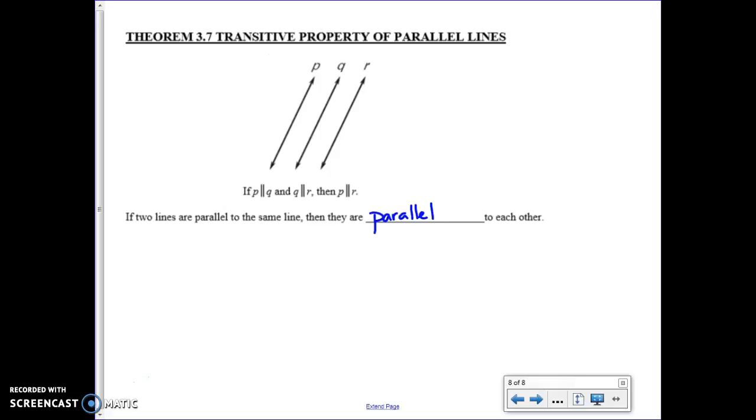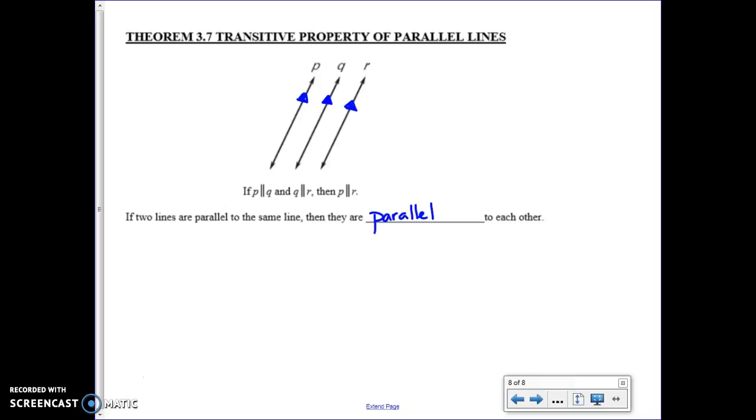So if we know that line P is parallel to line Q, and we also know that line Q is parallel to line R, then we can go from beginning to end, that line P would also be parallel to line R.